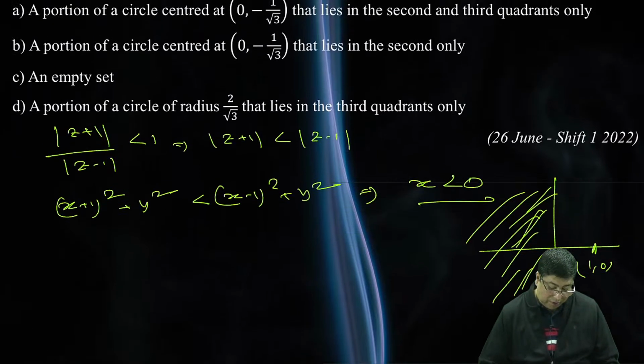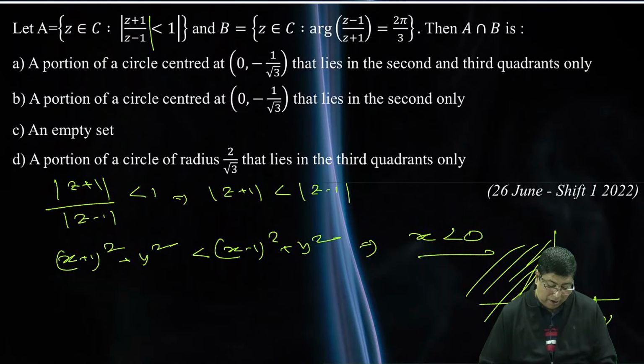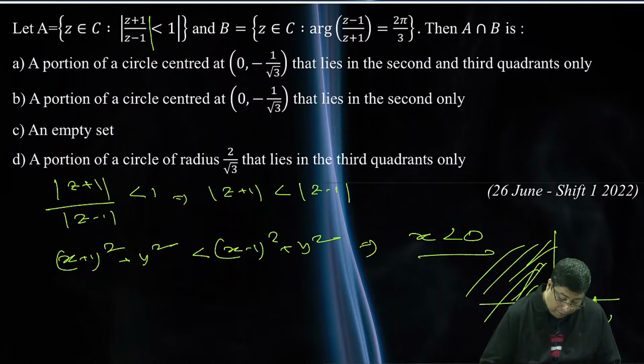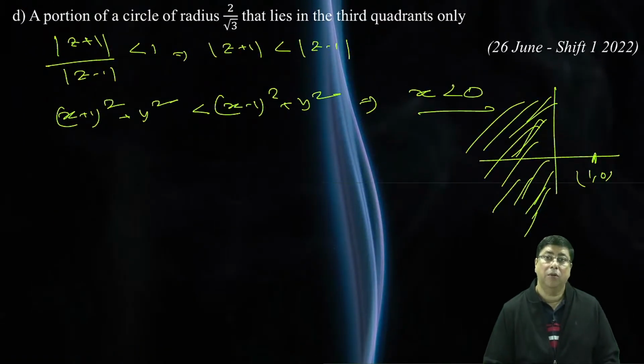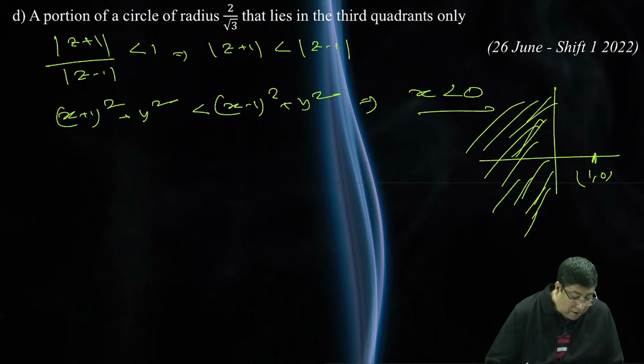Now let's see the next part, that is B. What about B? B is the argument of z minus 1 by z plus 1 equal to 2 pi by 3. The argument means angle. So we apply that part of the circle concept I told you, and I will take classes on JEE Advanced on all this topic, where we will discuss in detail.